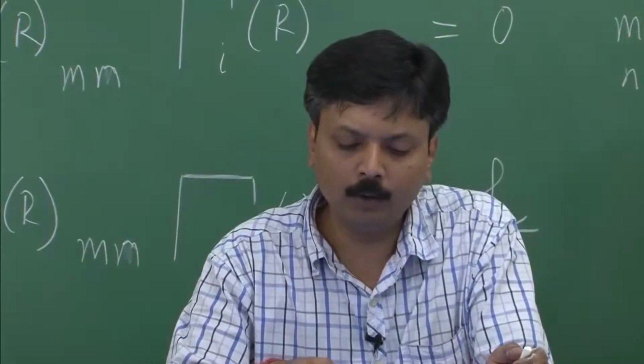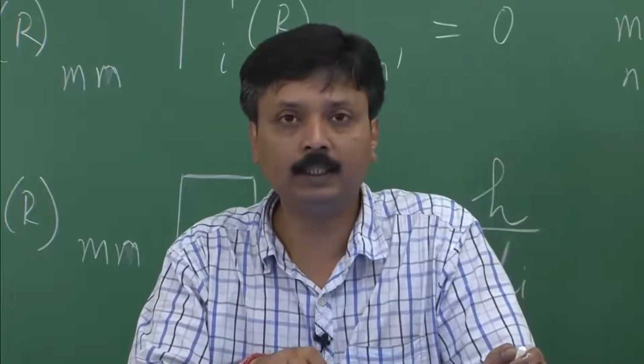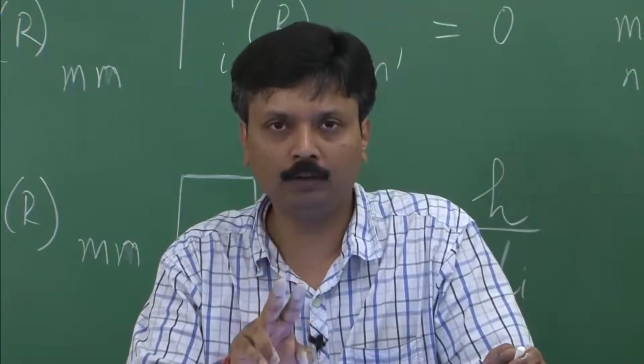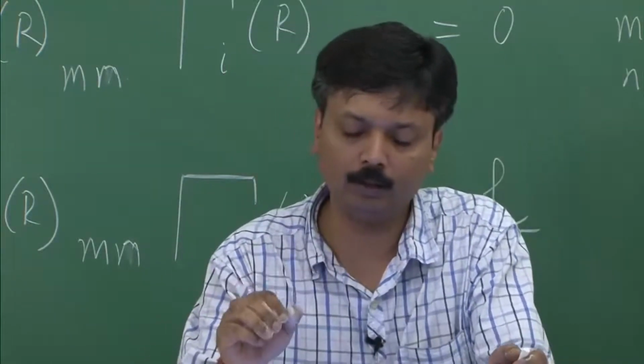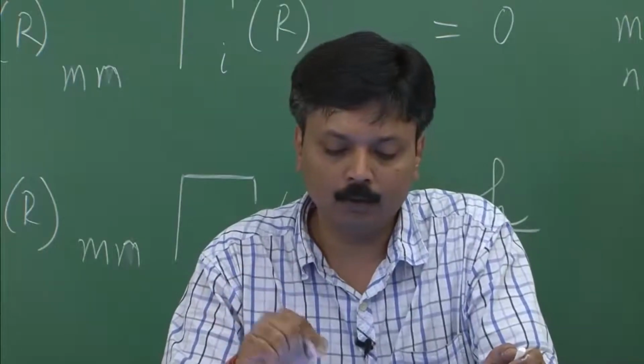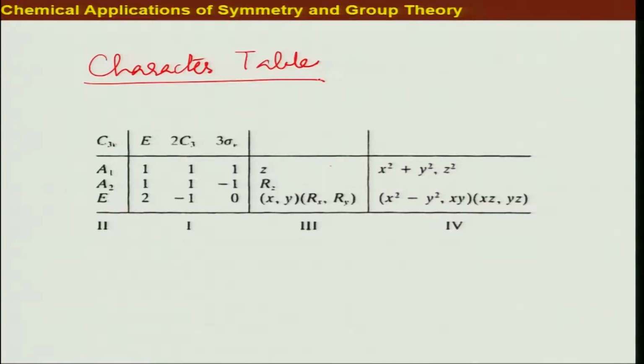When you want to sum over all the R's, you have to keep in mind that, for example, C3 has 2 different symmetry operations, and sigma v in that class has 3 different symmetry operations. So for the irreducible representation A1, if I sum over all the symmetry operations, we get 1 plus 2 into 1 plus 3 into 1 equals 6, and the order of the group is also 6.